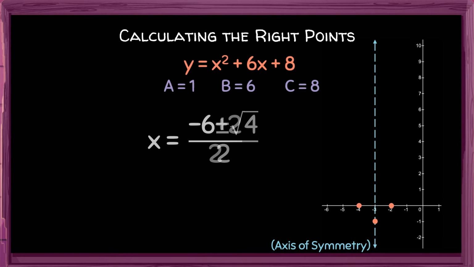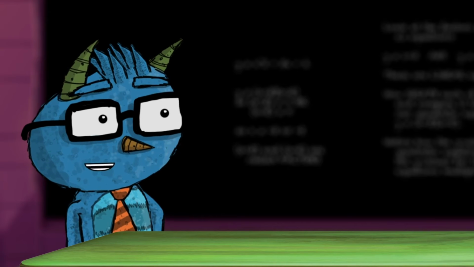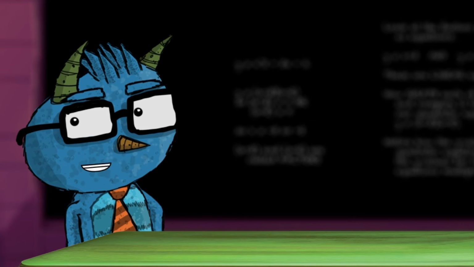We get 2 answers, x equals -6 plus 2 over 2, which is -2, and x equals -6 minus 2 over 2, which is -4. Notice that those are the same 2 answers we got when we used the product-sum method the first time around. Either method works. Alright class, we've graphed our vertex and our 2 x-intercepts.